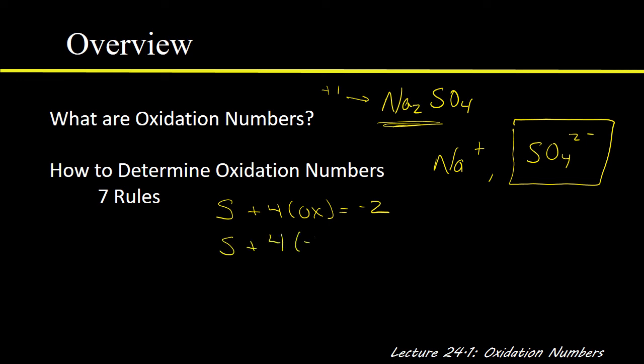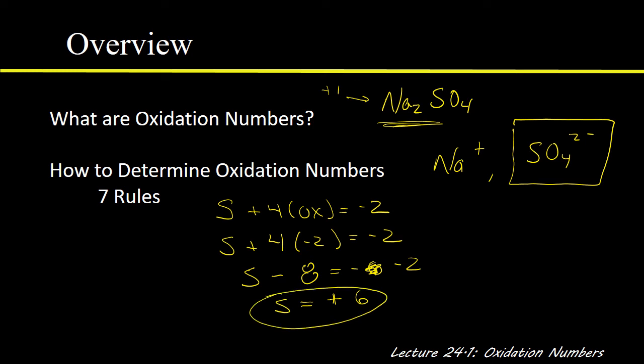The oxygen still gets a charge of -2. So you end up with a +6 for sulfur. So +1 for sodium, +6 for sulfur, and -2 for oxygen.